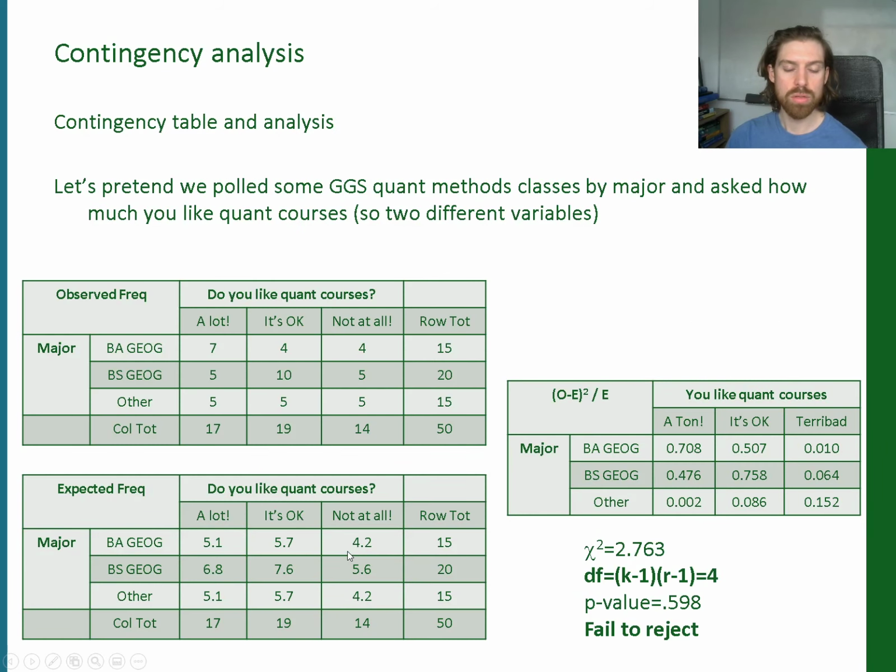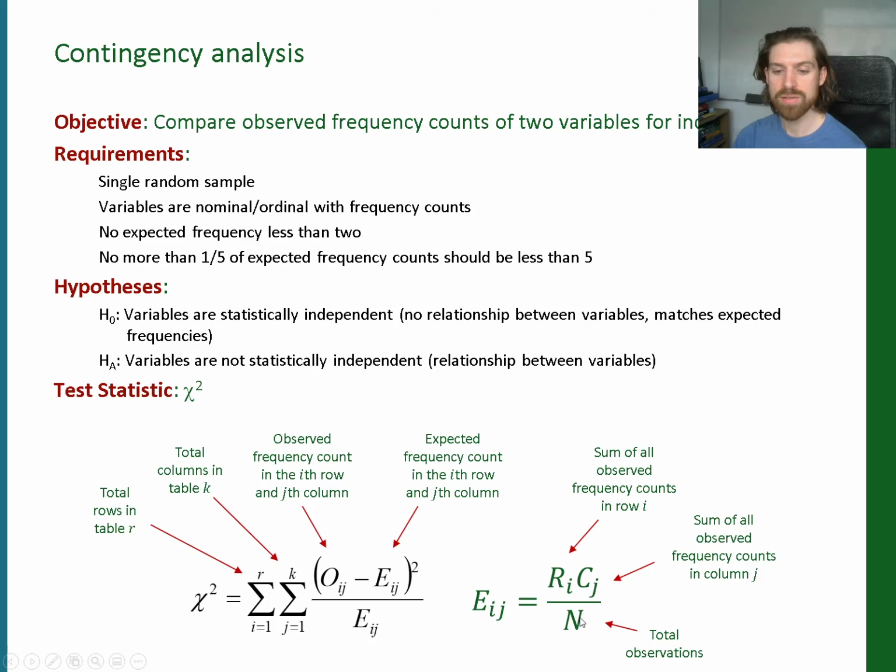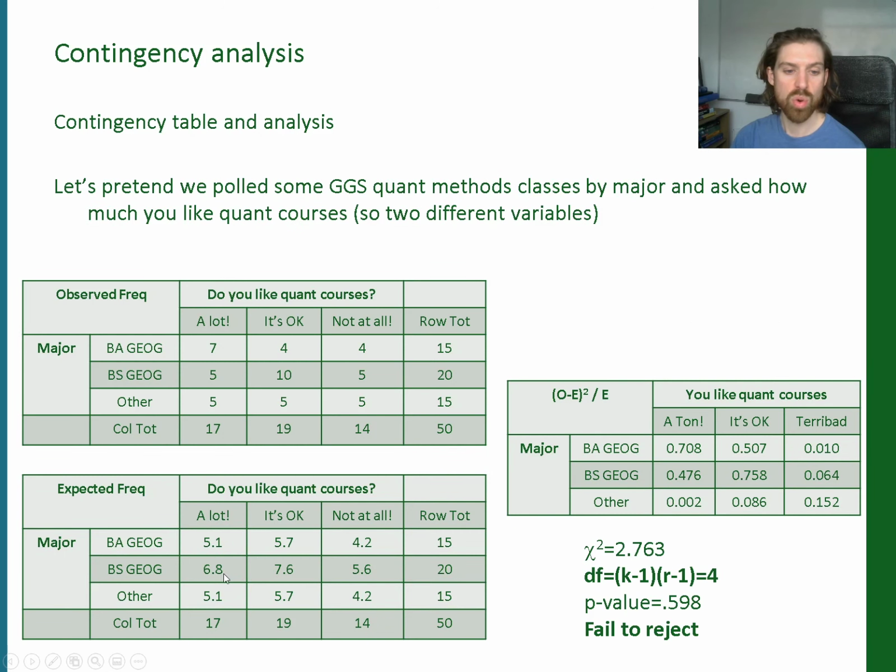So when we run through that, with n for the total number of observations and the column and row counts, we're able to produce these expected frequency counts just here on the bottom. And then once we've got that, you see the observed values here and E for the expected values here, and we're able to calculate that coefficient for each one of the responses.